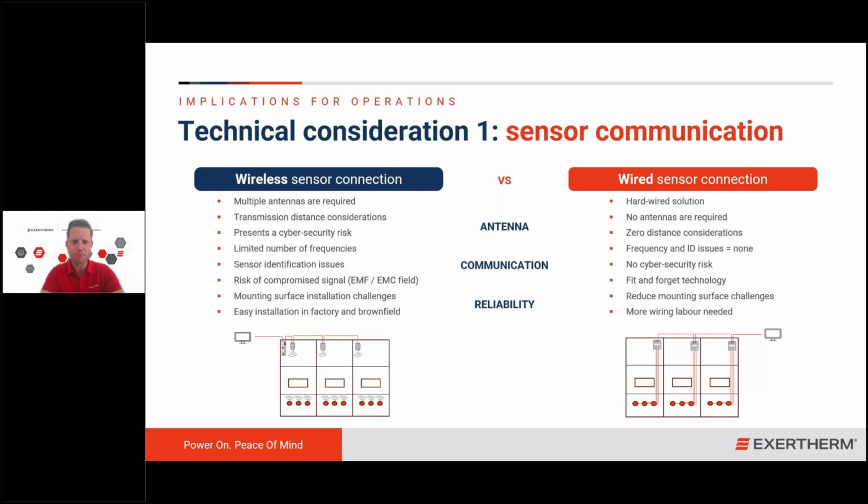For example, depending on the number of sensors that you will want to place, might there be overlaps? Might there be cross-talking or any sensor identification issues? On top of that, there's the risk of compromised signal due to electromagnetic interference, also depending on how, for example, compartment cladding or compartmentalization of different parts of the lineup affect that transmittability.